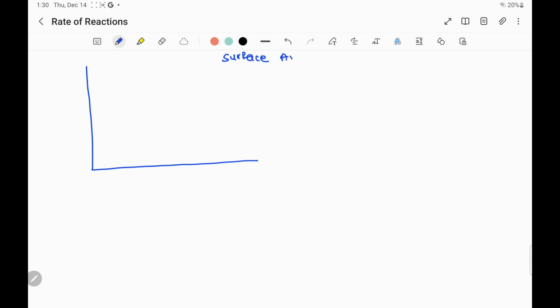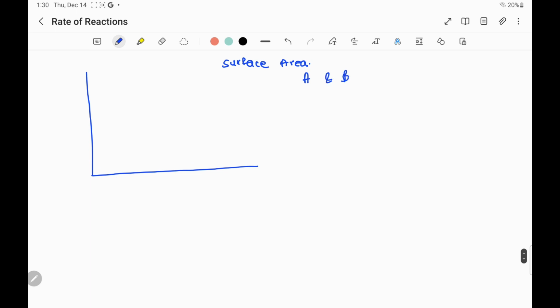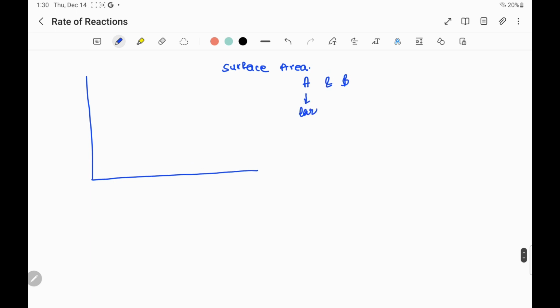Now, say we did two experiments, A and B. Here we have large lumps. Okay, guys, I've decided that I'd go into the details of each experiment in the next video, because this video would be too long for that. And here we have powdered. I want to go through the experiments for each factor specifically, because I believe it can help you for your paper 6.